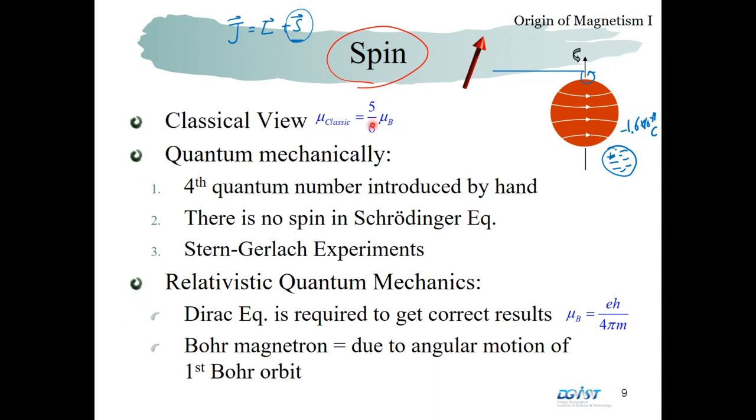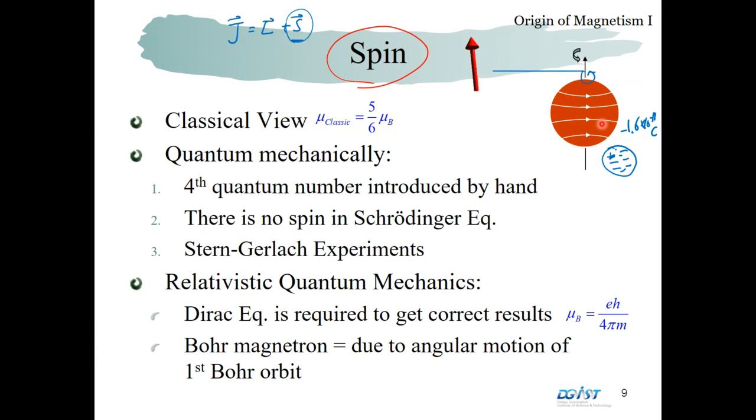But we obtained 5/6 of mu b. Actually, the magnetic moment of the spin is determined experimentally, and we already know the moment is mu b. So there is something missing. So we cannot explain the property of the spin by the classical model. Classical model means the rotating charged sphere.